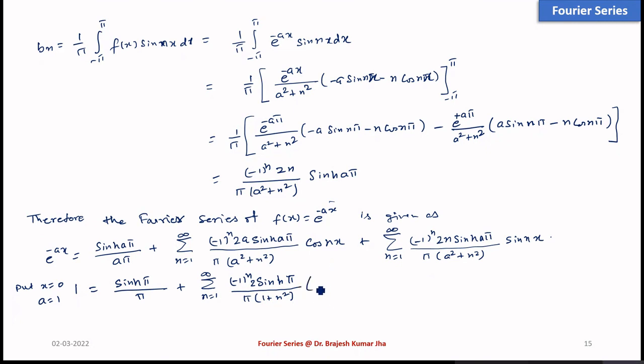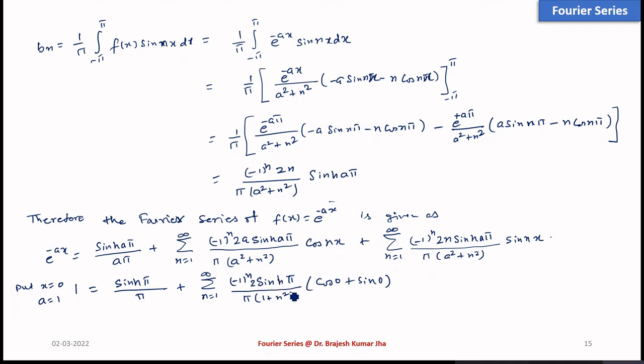And here what you left, cos nx plus sin nx, x is 0, so it is going to be cos 0 plus sin 0. So ultimately you get here minus 1 to the power n 2.